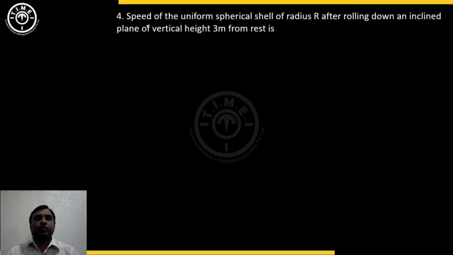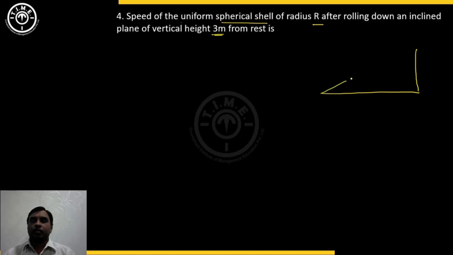Question number 4. The speed of a uniform spherical shell, a hollow sphere, of radius r after rolling down an inclined plane of vertical height 3 meter from rest is. Here there is an inclined plane whose height is given as 3 meter.